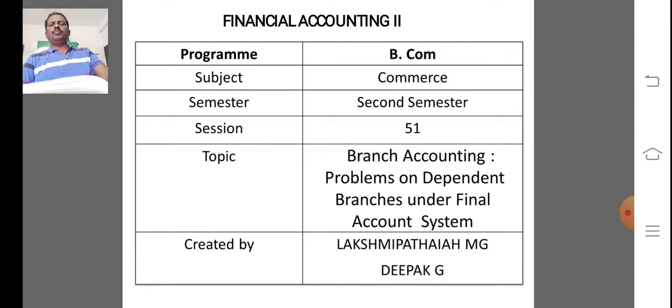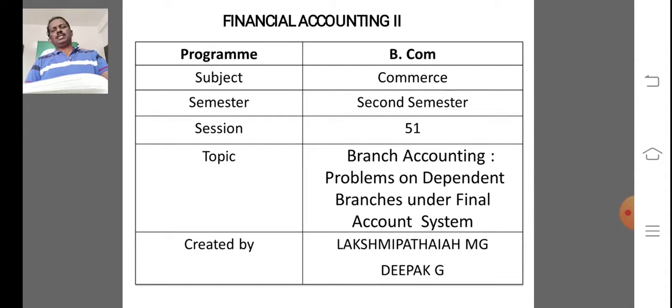So we debit the opening stock at branch, debit goods sent to branch from head office less returns from branch, debit purchases made by the branch directly, either cash or credit, debit direct expenses of the branch, and credit sales of the branch, cash and credit, and credit the closing stock at the branch.